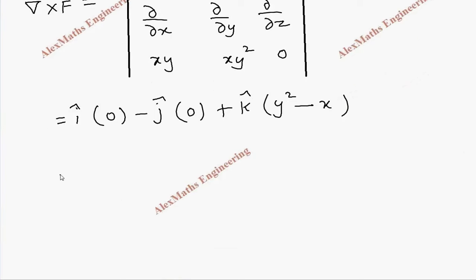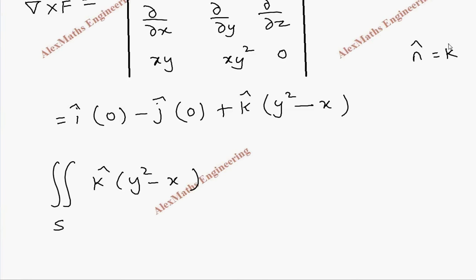So totally the double integral over S of ∇ × F is k into (y² - x), and n̂ is perpendicular to the xy plane, that is k. So dot k, and dS is dx dy.